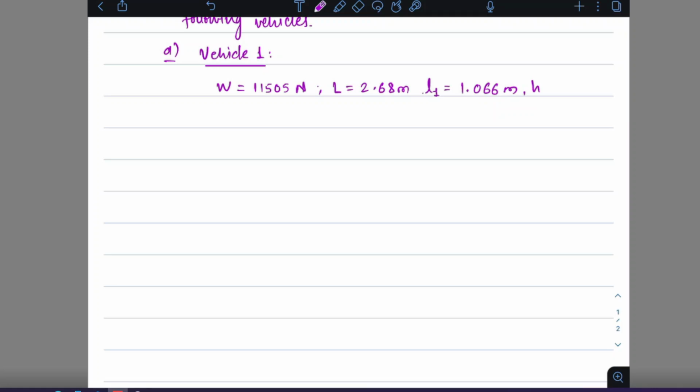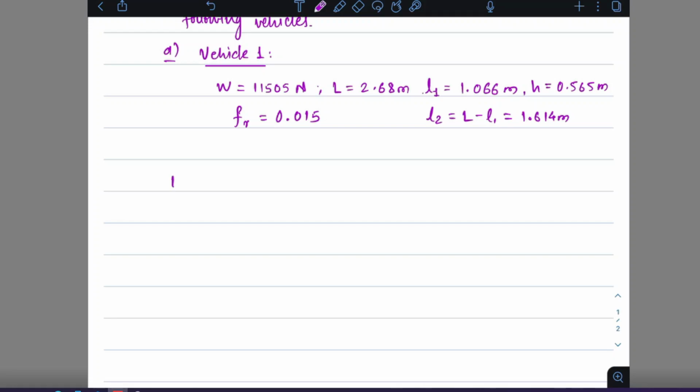L1 is 1.066 meters. H is 0.565 meters. This is the height of the center of gravity, and the rolling resistance coefficient would be 0.015. Since L1 is this, L2 would be capital L minus L1. This would be 1.614 meters. So we know the height of the center of gravity, rolling resistance coefficient, and the length of CG.